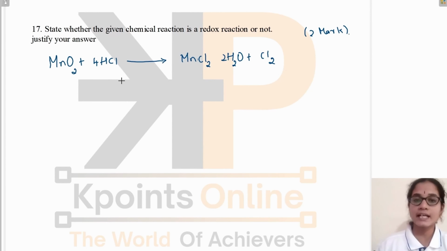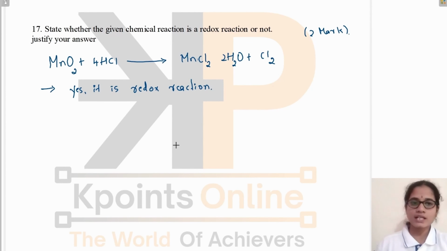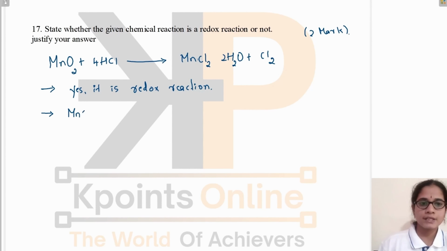Yes, this is a redox reaction. You have to justify your answer. First, you need to write, yes, it is redox reaction. Now, you need to justify your answer. What has happened here? Manganese dioxide is reduced to manganese chloride. Okay, MnO2 is reduced to MnCl2.